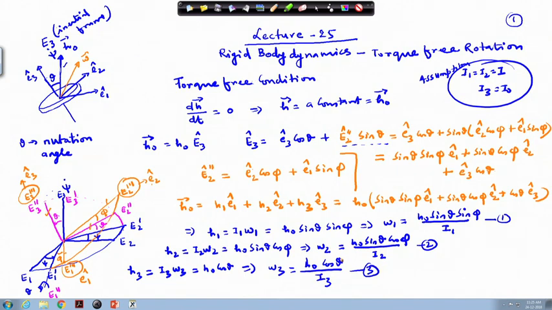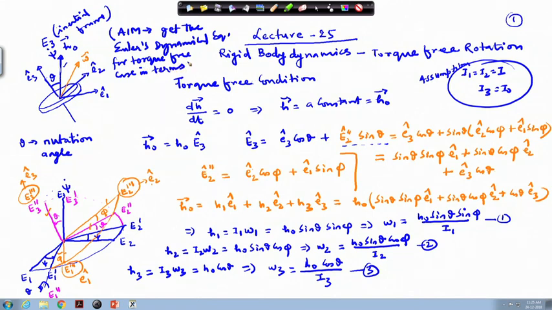Okay, now, our aim here is to get Euler's dynamical equation for the torque free case in terms of Euler angles.